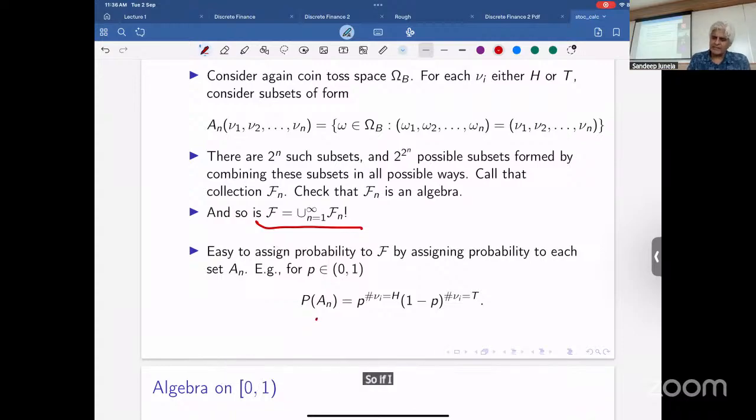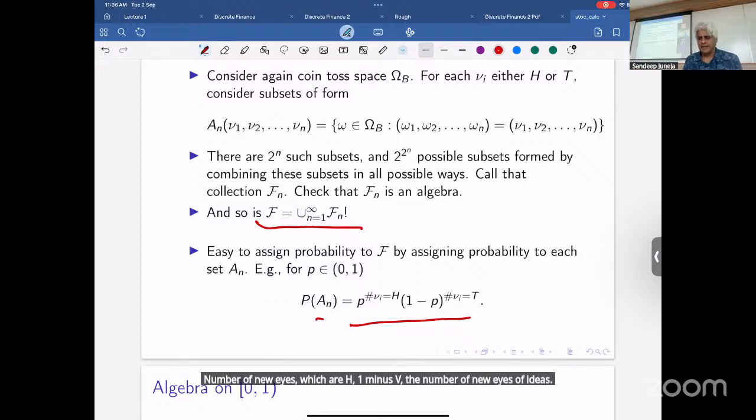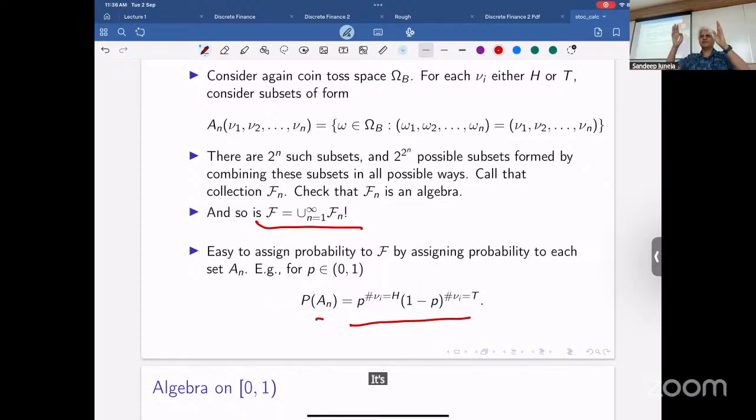If I give you any An, whatever be n, it's an atom of Fn. So I know how to assign probabilities to it. P to the number of nu i's which are heads, times 1 minus p to the number of nu i's which are tails. An corresponds to some omega 1, omega 2 through omega n, all the omegas such that the first n coordinates are fixed.